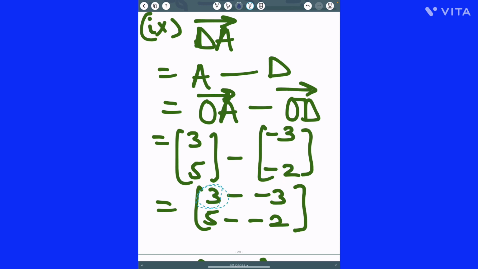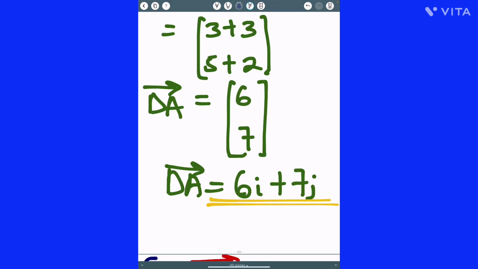So that's 3 minus minus 3 and 5 minus minus 2. 3 minus minus 3 is 3 plus 3, which is 6. 5 minus minus 2 is 5 plus 2, 7. So I'll write my answer as 6i plus 7j.